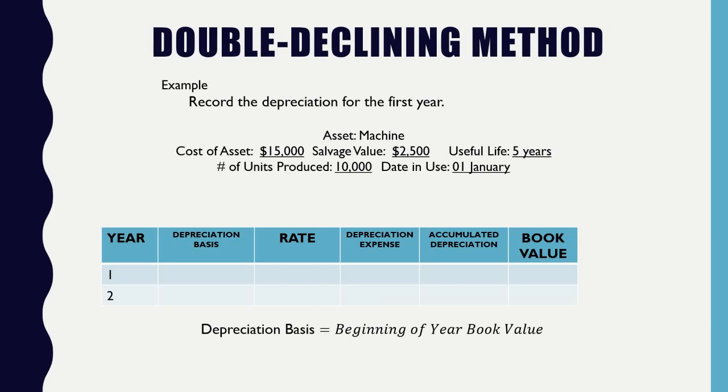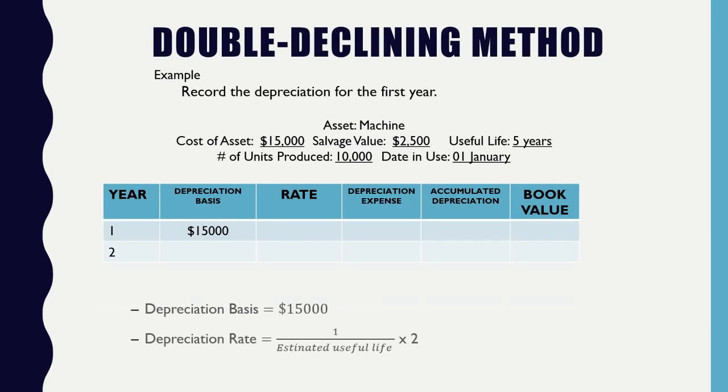If you're starting on year 1, your book value will be the fair market value that you purchased your fixed asset at. So my very first number, since I don't have a calculated book value, I'm safe to assume for the first year my depreciation basis is going to start out at $15,000 for the machine.